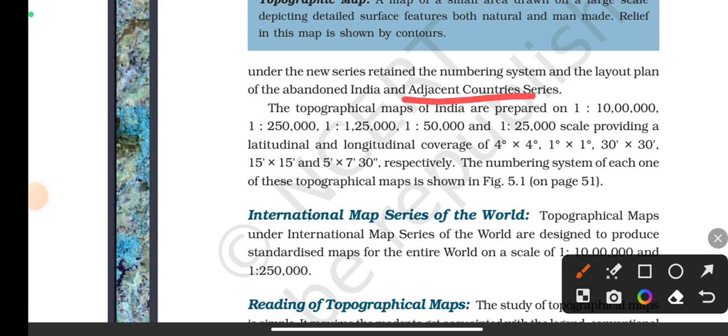The topographical maps of India are prepared on 1:10 lakh scale, 1:2,50,000, 1:1,25,000, 1:50,000 and 1:25,000 scale, providing a latitudinal and longitudinal coverage of 4 degree and 4 degree, 1 degree and 1 degree, 30 minute and 30 minute, 15 minute and 15 minute, and 7 minute 30 second into 7 minute 30 second, respectively.